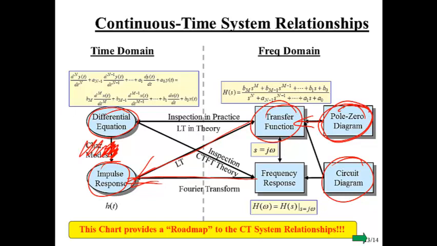I don't show it here, but you can actually also go this way. But in reality, what you're doing is going from pole-zero diagram to transfer function to frequency response, even though you may not be doing that explicitly.